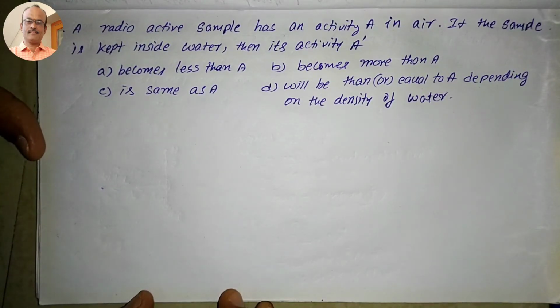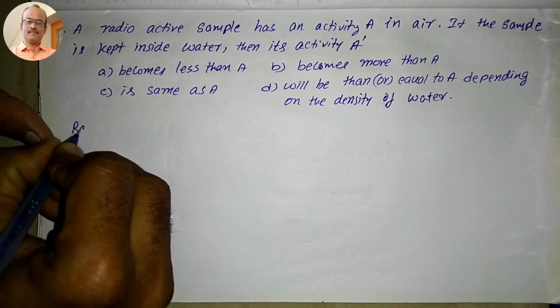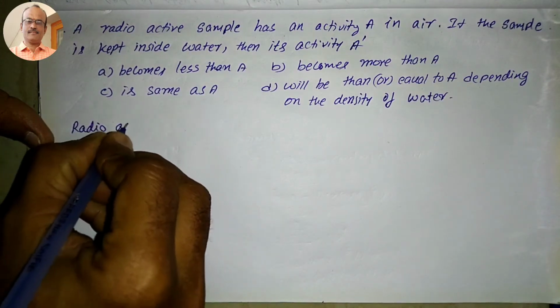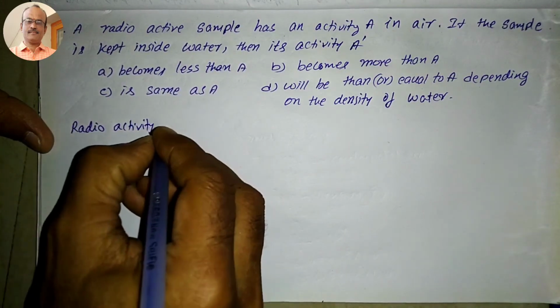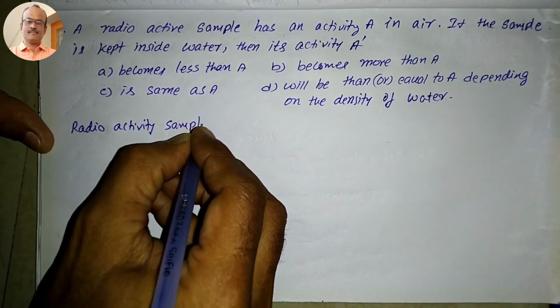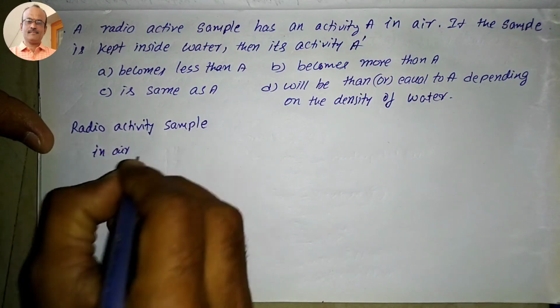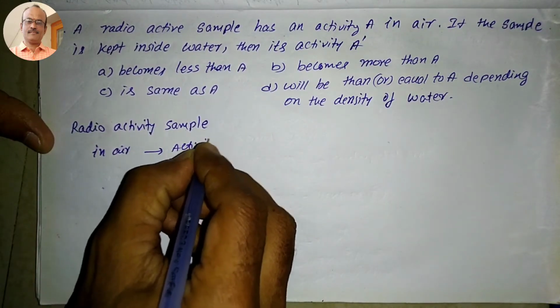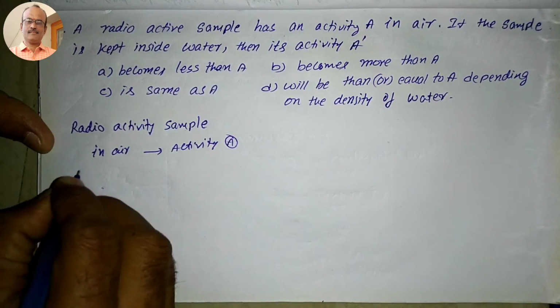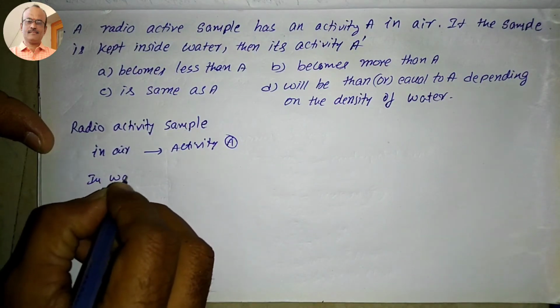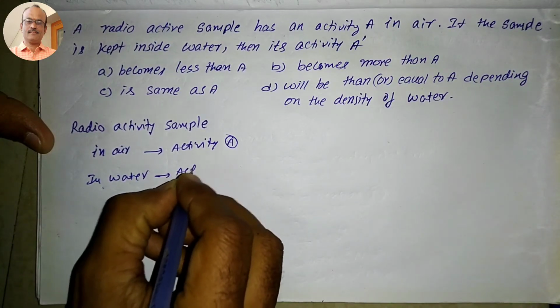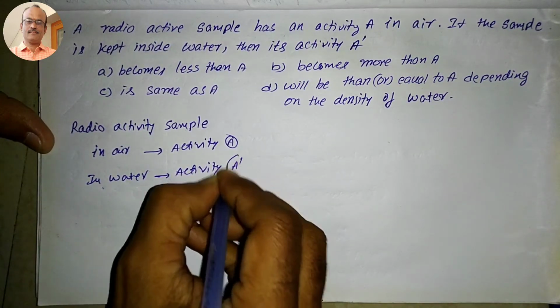Now the question number 16. A radioactive sample has an activity A in air. If the same is kept inside the water, then its activity A dash becomes, what is that? So here, first of all, I am taking the radioactive sample in air, then that activity is A. So when it is kept in water, that activity becomes A dash.